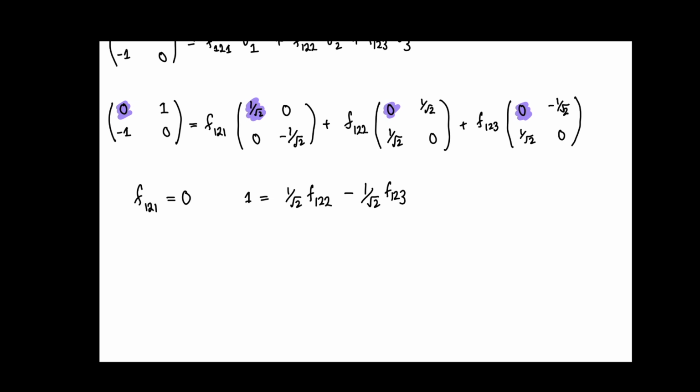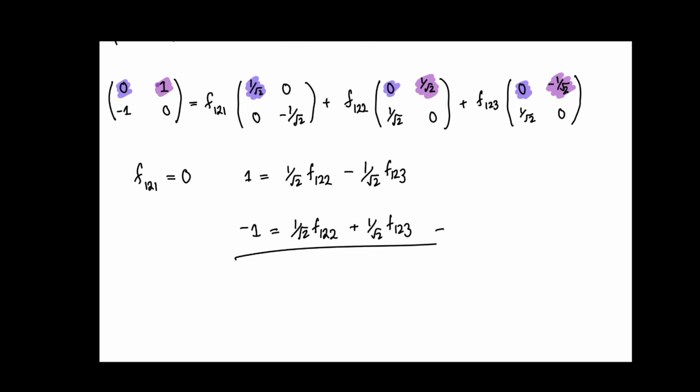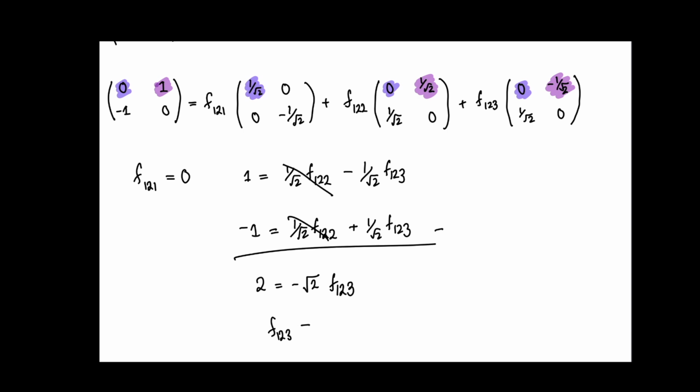So that's me equating the second element. And we also have minus 1 is equal to 1 over root 2 f122 plus 1 over root 2 f123. If I now subtract these two equations, we get 2 is equal to, these two cancel out, minus root 2 f123. That means f123 is equal to minus root 2.